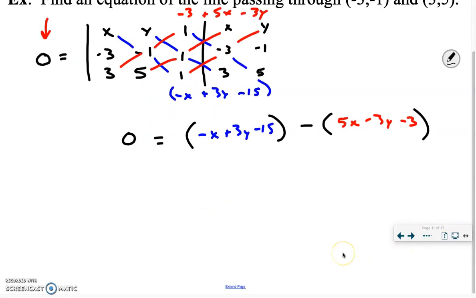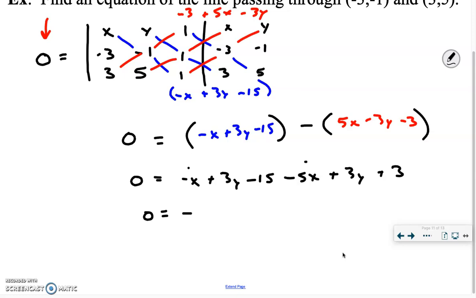So if you're thinking that we have a trinomial minus a trinomial, I have to distribute that negative. I agree with you. We have -x plus 3y minus 15. Distributing, we can call that minus 5x plus 3y plus 3. And when I combine like terms, 0 is equal to -6x plus 6y minus 12.